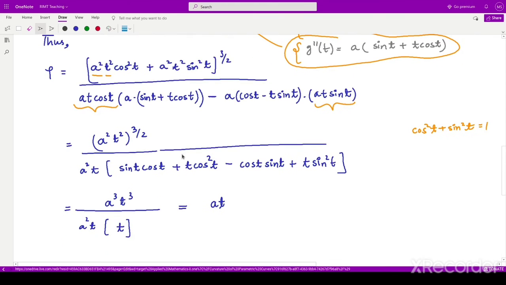From here you see, if you take t common from these two terms, you will be left with cos square t plus sine square t, which is again 1. So this is t, and this term and this term cancel with each other. So you are only left with a t. So what is this? This is your radius of curvature for parametric curves.